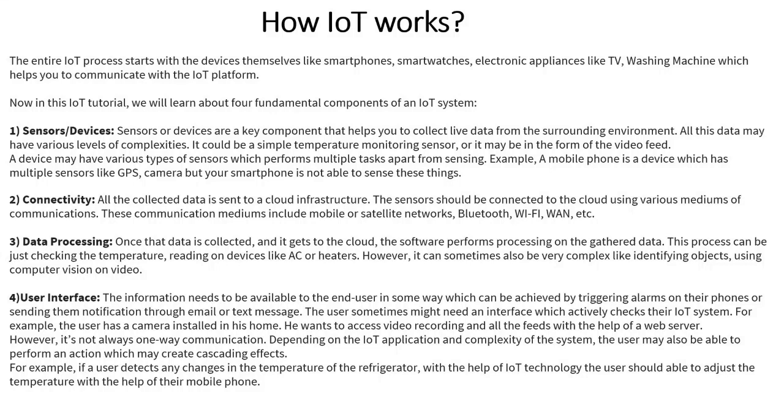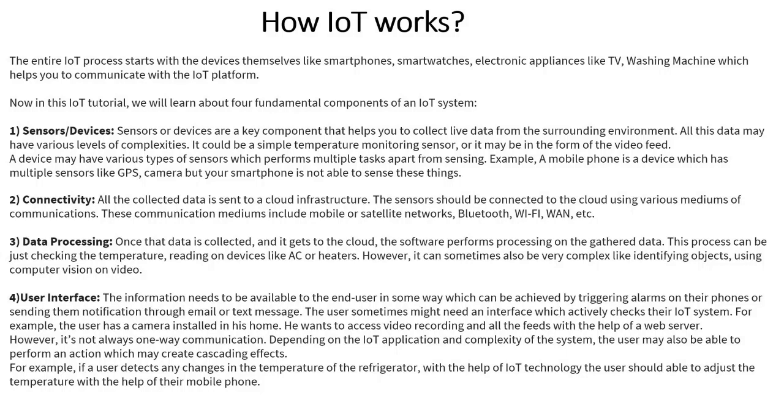1. Sensors or devices. Sensors or devices are a key component that help you to collect live data from the surrounding environment. All this data may have various levels of complexities. It could be a simple temperature monitoring sensor, or it may be in the form of a video feed.